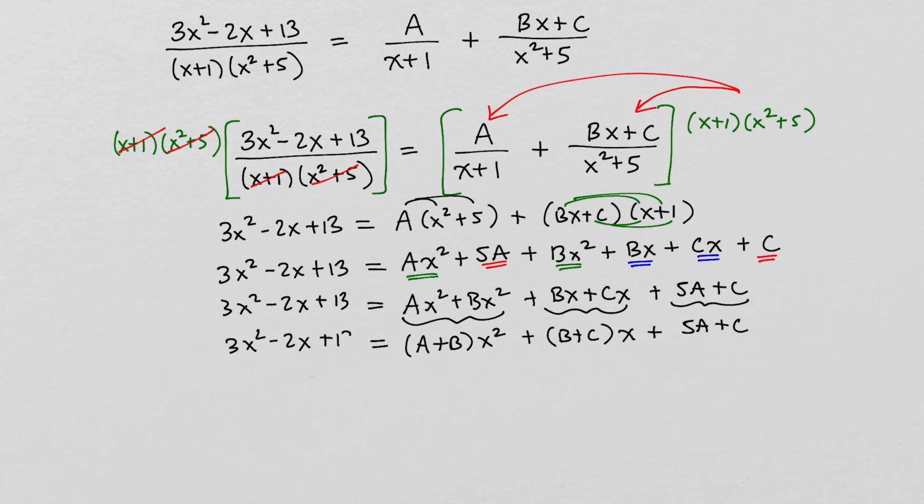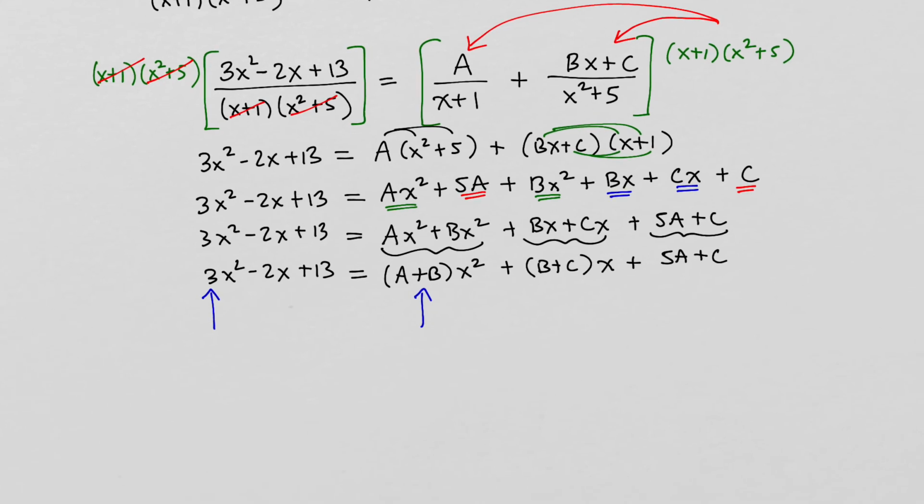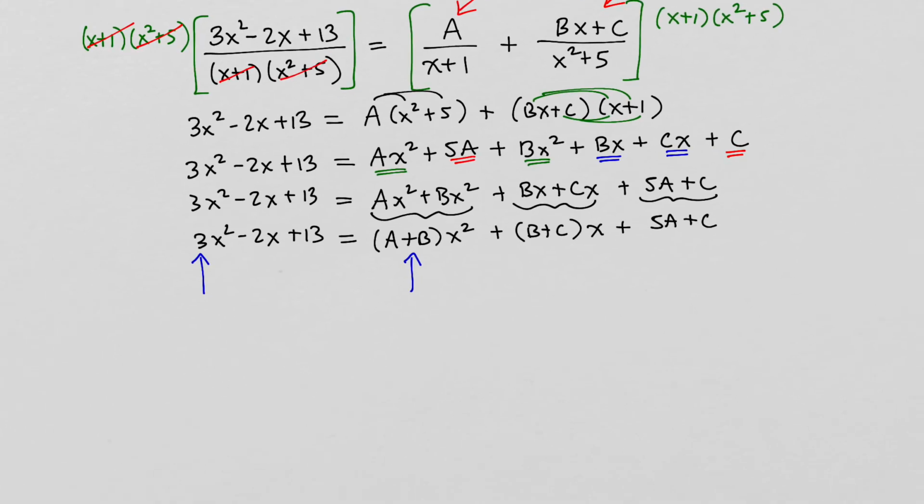Now here's the underlying principle. If the polynomial on the left side is equal to the polynomial on the right side, then the coefficient of x squared here must be equal to the coefficient of x squared there. So what that means is that a plus b must be equal to 3.